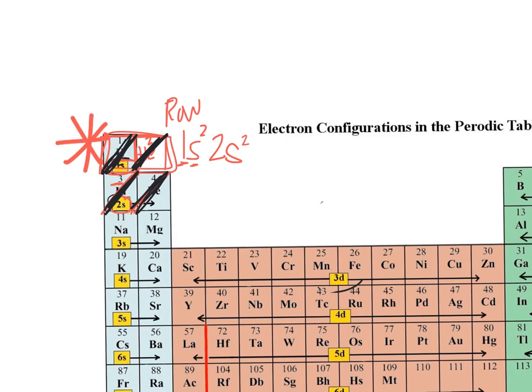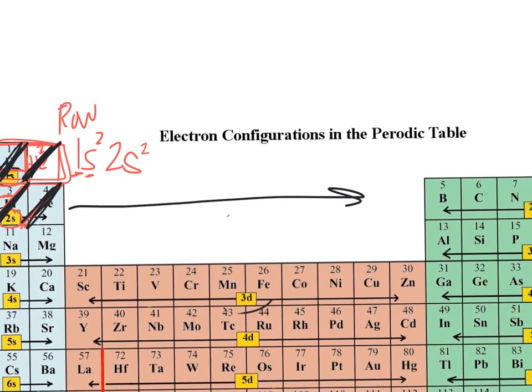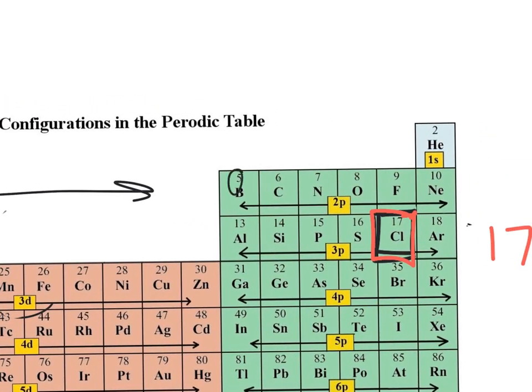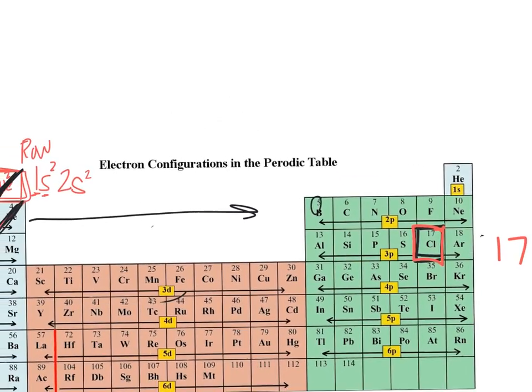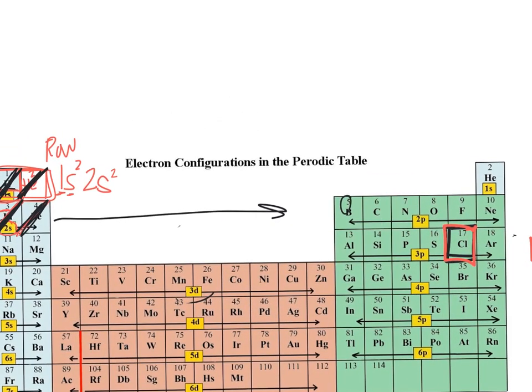Okay, so now I've done box 1, box 2, box 3, box 4. Where would I go next? Because I have to go in order again all the way up to 17. Well, a lot of people scroll down and want to go here, but they forget that they actually have to go all the way across here and do number 5 next. Okay, so again, what row is this?